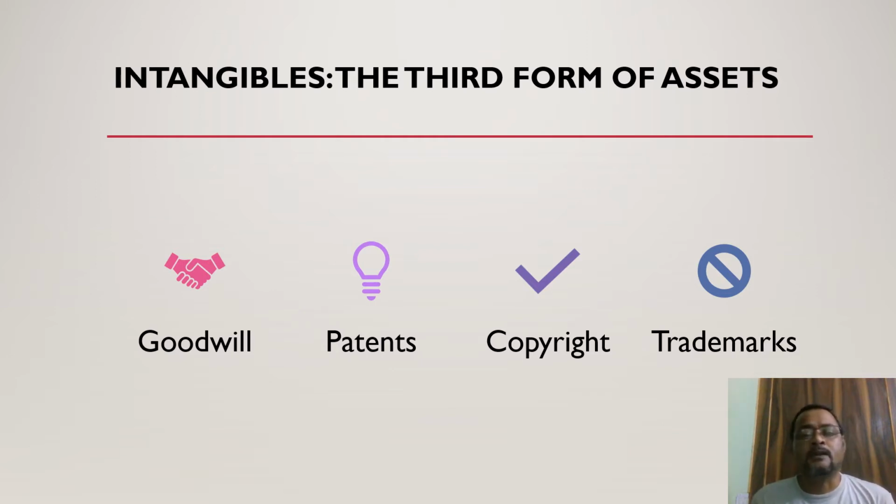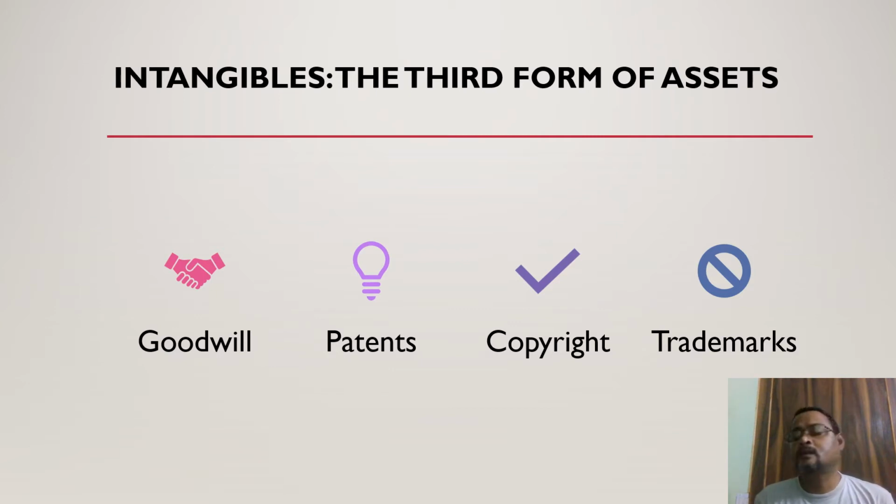For example, land has a physical shape. Building, machinery, furnitures, they have physical shape. You can see them, you can utilize them as you like. But intangibles don't have a form or shape. These are assets which have legal existence only.